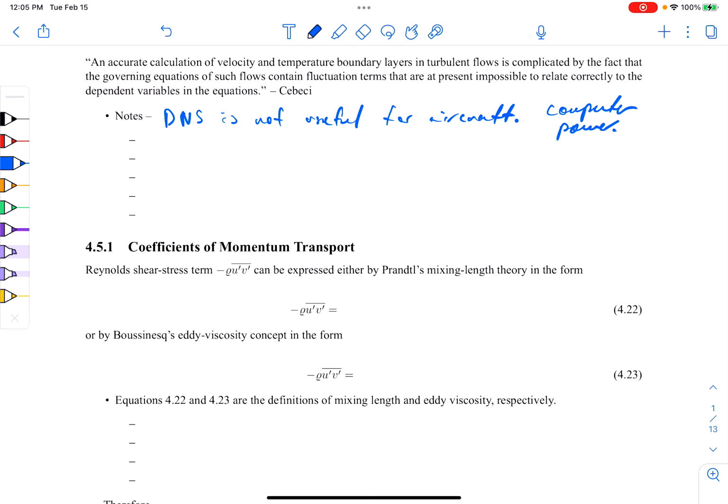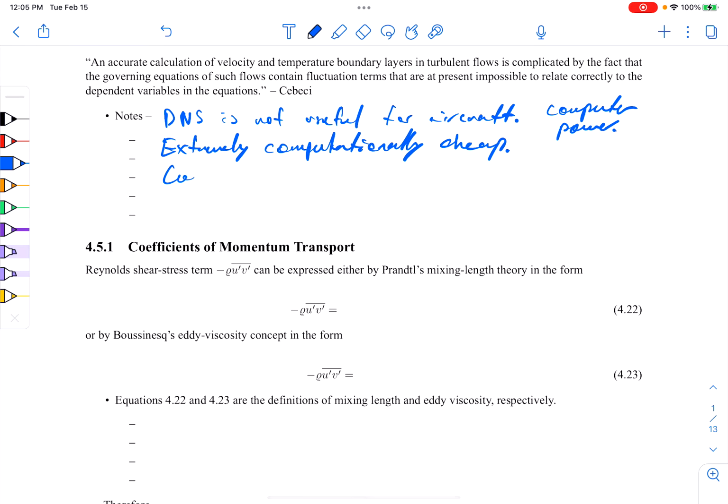So his model is extremely computationally cheap, and it's the culmination of over 50 years of algebraic modeling.